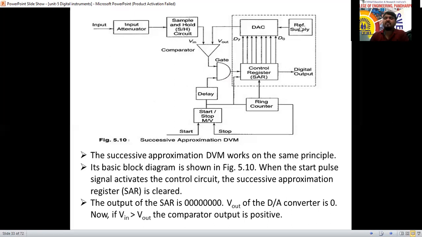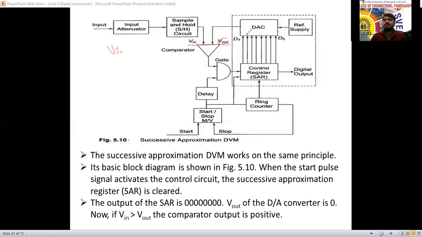We take a reference supply for the digital reference weight, meaning how much weight should be there first. That is the reference, and on the other side we take the input. So we have kept one comparator here. The comparator observes whether the input is greater than the reference, V in or V out.